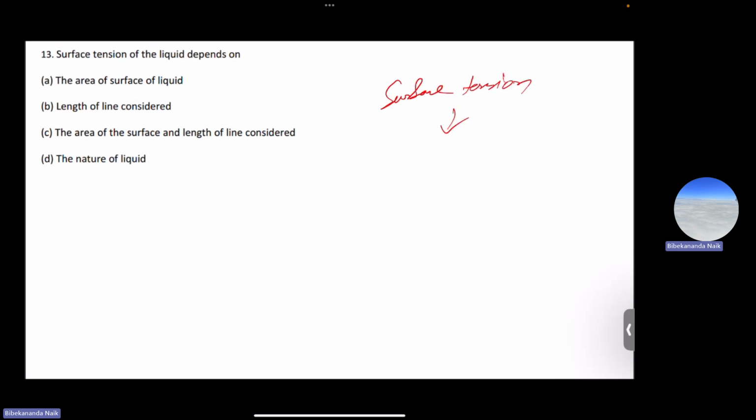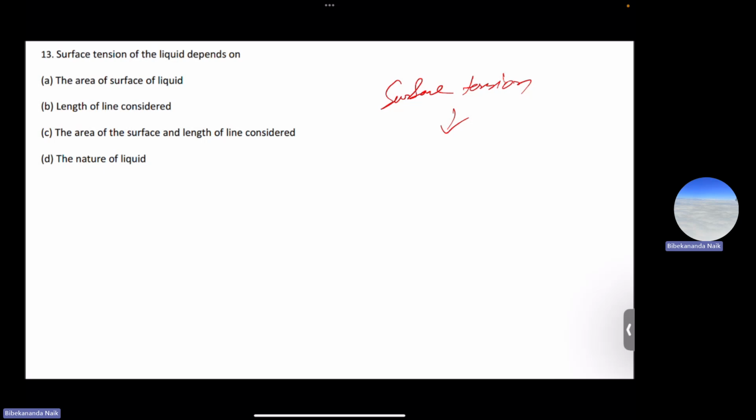Surface tension is the property of a liquid due to which it needs to have a minimum surface area, because minimum surface area means maximum stability. Due to the property of surface tension, the liquid can carry substances which are even heavier than the density of the liquid.